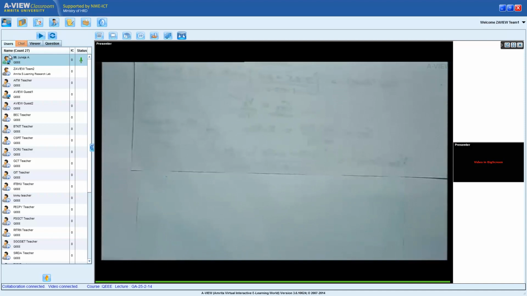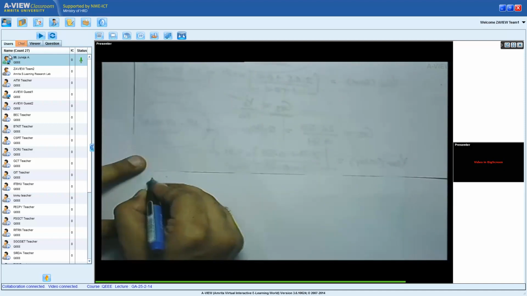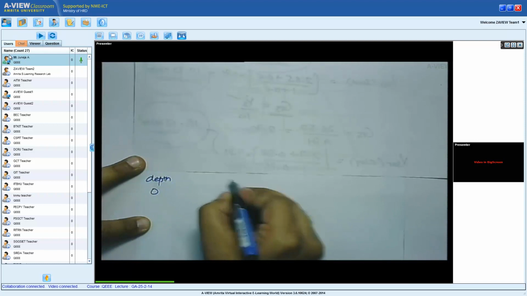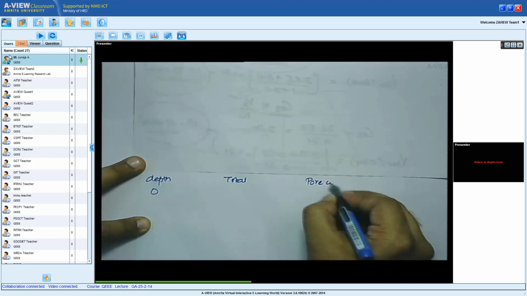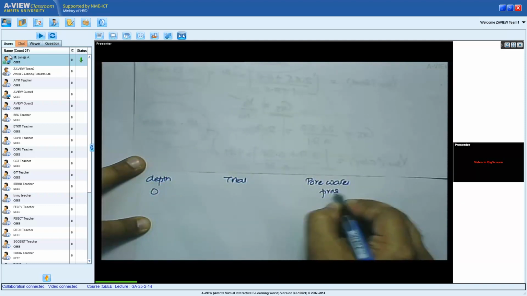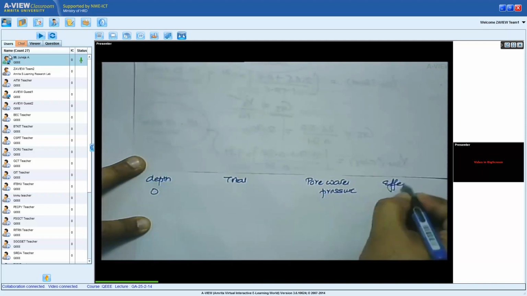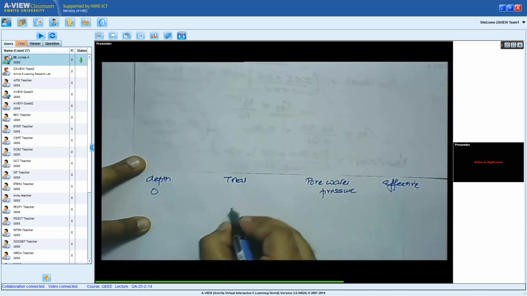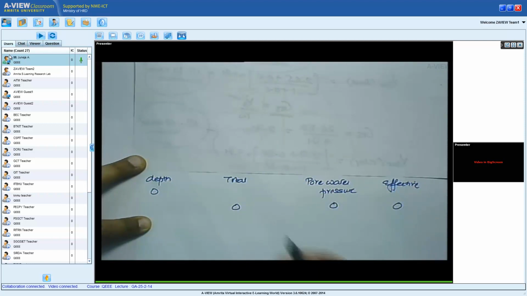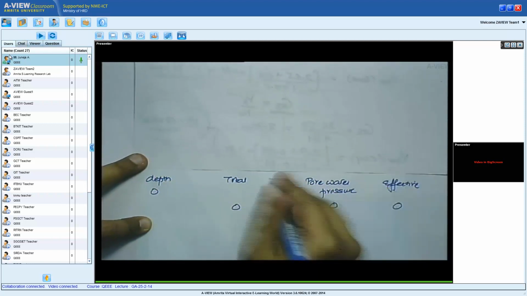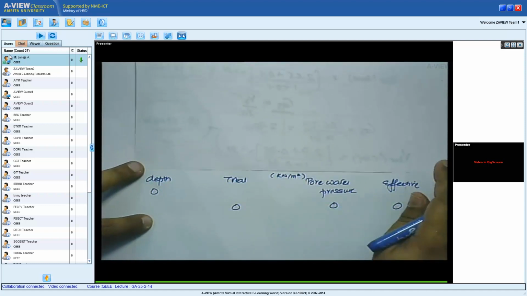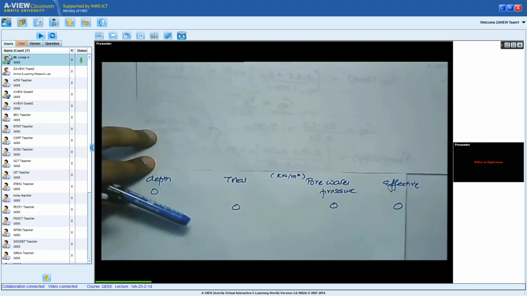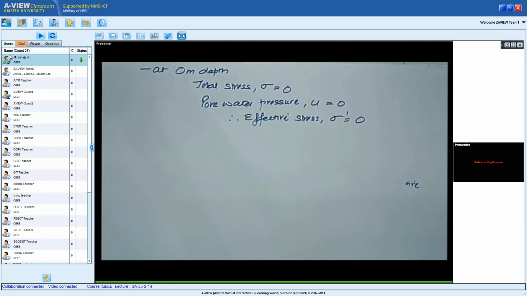At 0 meter depth, total, pore water pressure and effective, I'll just jot down the answer. Total was 0, pore water pressure was 0, effective was 0. Remember, all these units are in kilonewton per meter square or kPa. I'll just pull off the sheet because for my record I need these numbers.